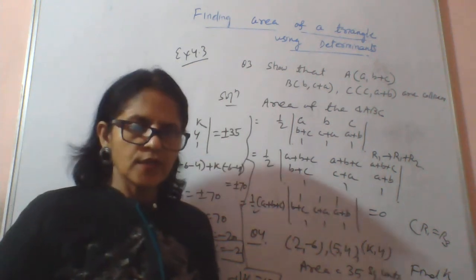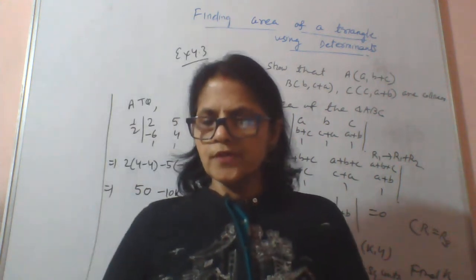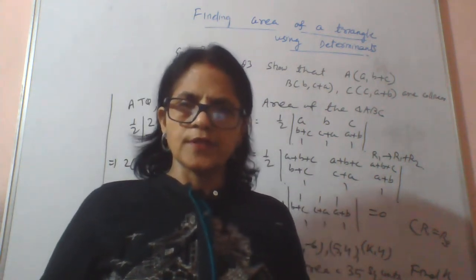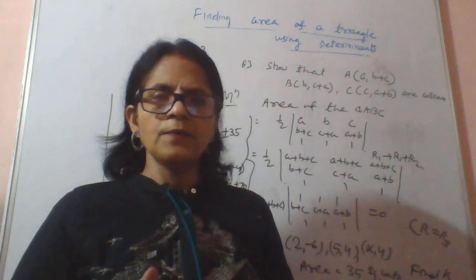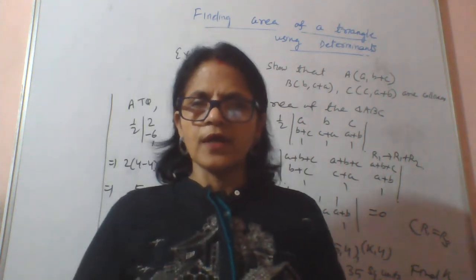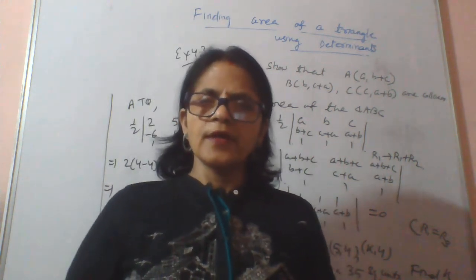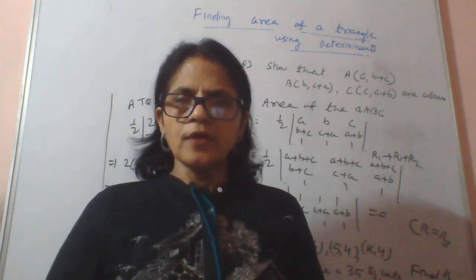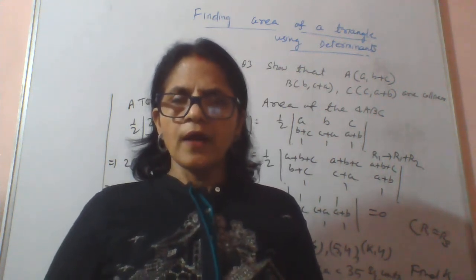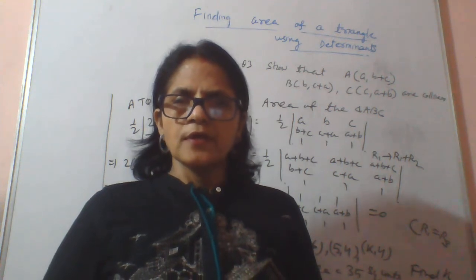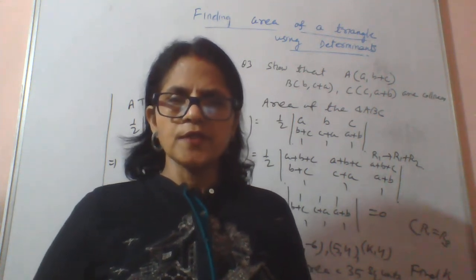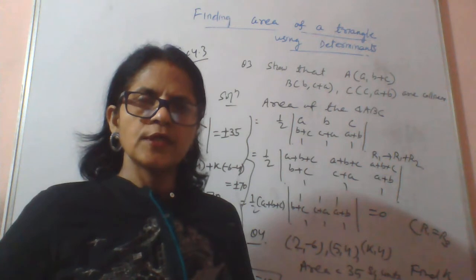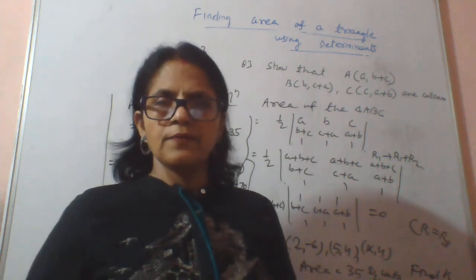Okay, so these are some of the types of questions we have covered in exercise 4.3. First type: whenever you are given the vertices of a triangle, how to find the area of the triangle using determinants. Second category: if you are given 2 points, you have to find the equation of a straight line passing through these 2 points using determinants, that we have done.